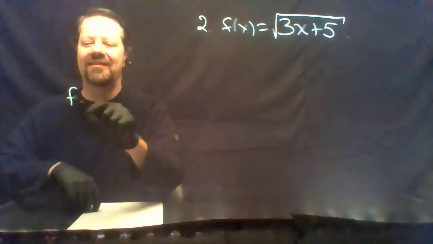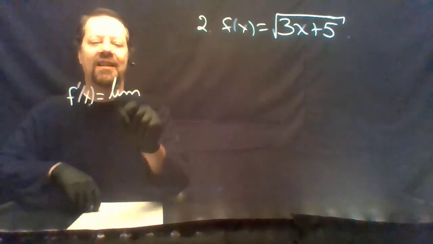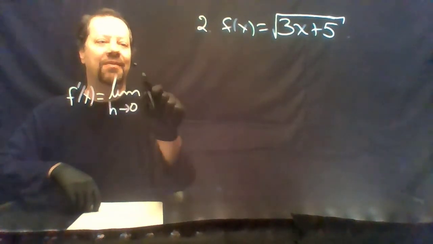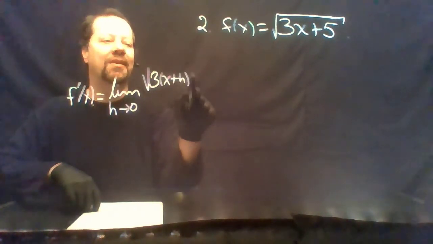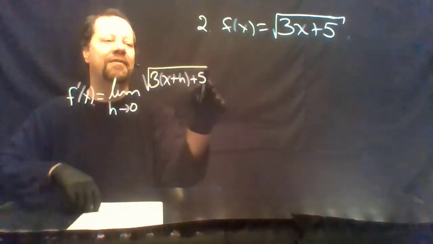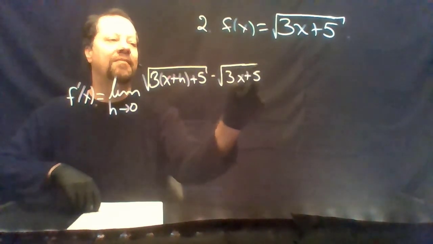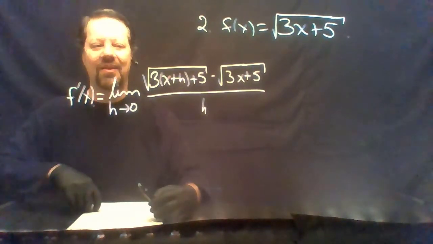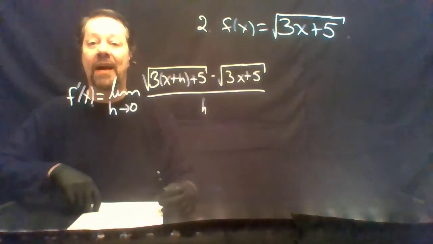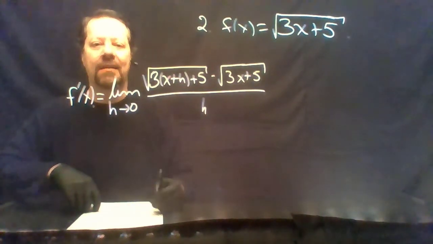We have f prime of x is the limit as h goes to 0 of the square root of 3 times the quantity x plus h plus 5, minus the square root of 3x plus 5, all over h. Now, this is one of those where we rationalize the numerator by multiplying numerator and denominator by the conjugate of the numerator.